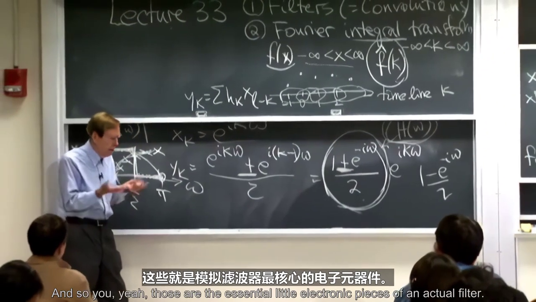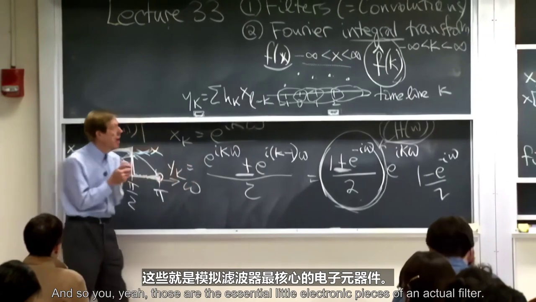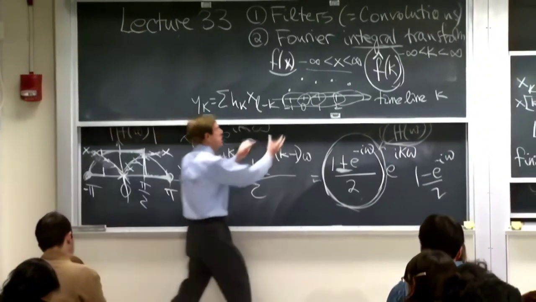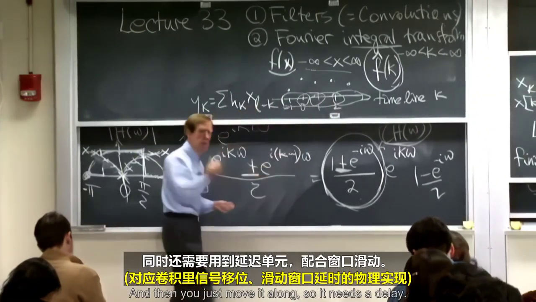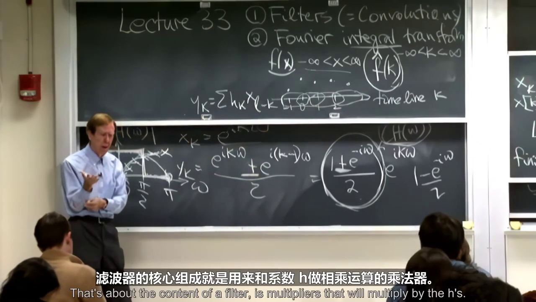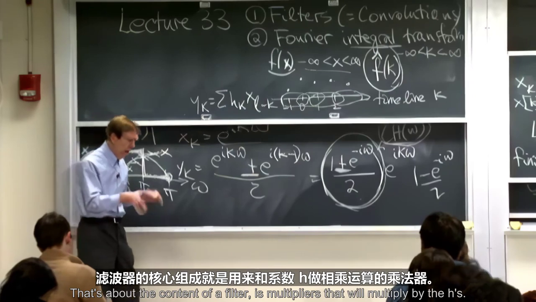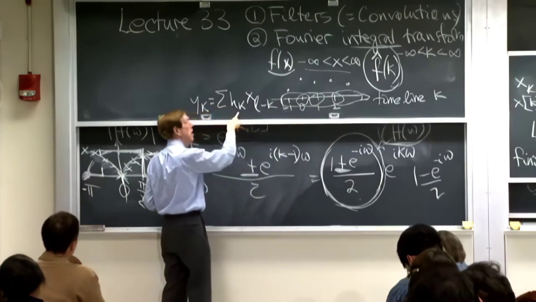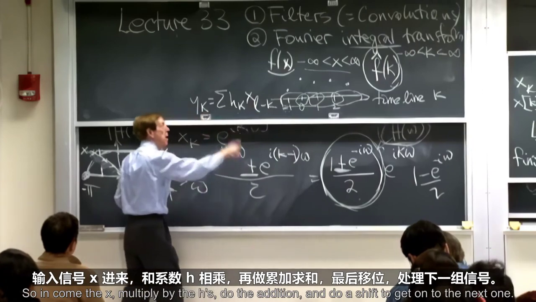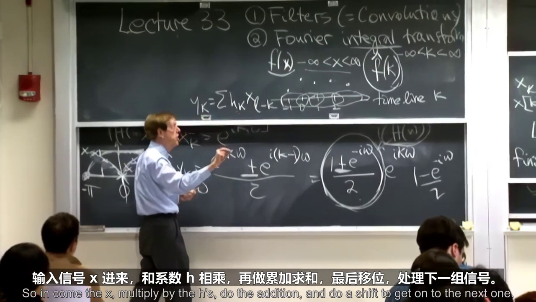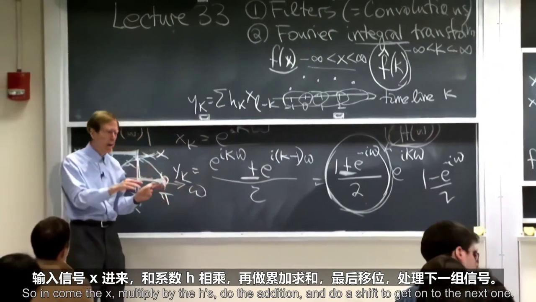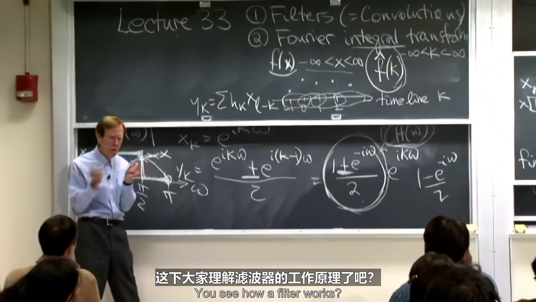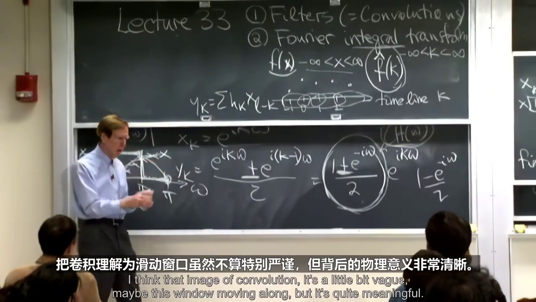And so those are the essential little electronic pieces of an actual filter. And then you just move it along, so it needs a delay. That's about the content of a filter, is multipliers that will multiply by the h's. So in come the x, multiply by the h's, do the addition, and do a shift to get on to the next one. You see how a filter works?